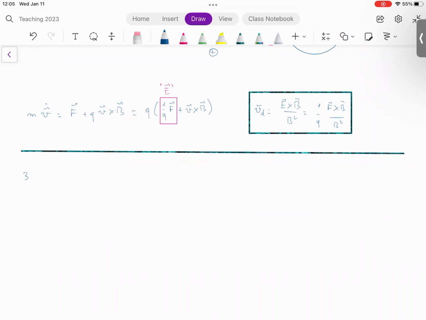Case 3, we're going to look at a non-uniform magnetic field. And again, by non-uniform, I mean that the magnetic field is changing in space, but I'm still going to assume that it is constant in time. It does not change in time.